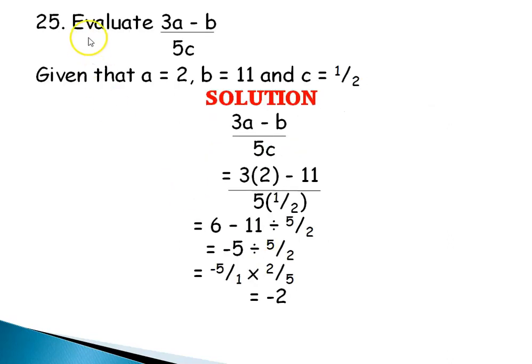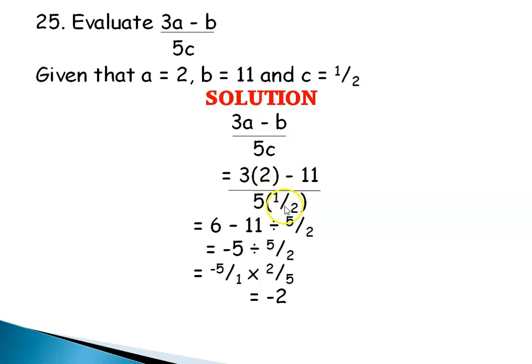Alright. The next question. Evaluate 3a minus b over 5c, given that a is equal to 2, b is 11, and c is 1 over 2. Okay, so I'm going to substitute the value of a, b, and c into this equation. 3a, that is 3 times 2, because my a is 2, minus b, 11, divided by 5c, 5 times 1 over 2.